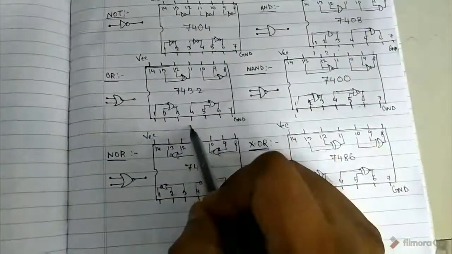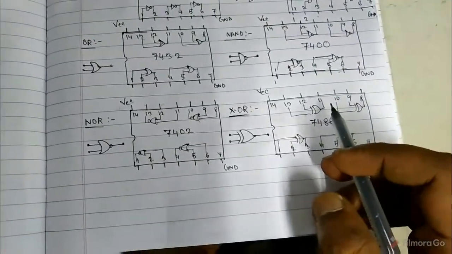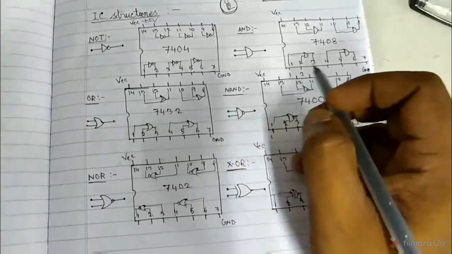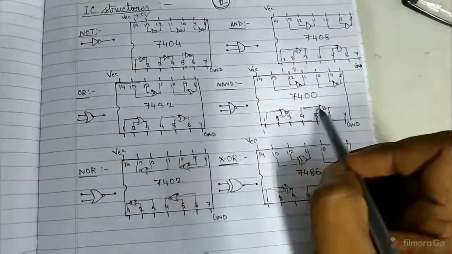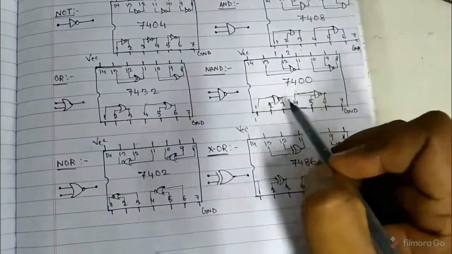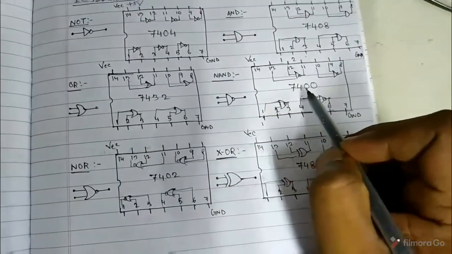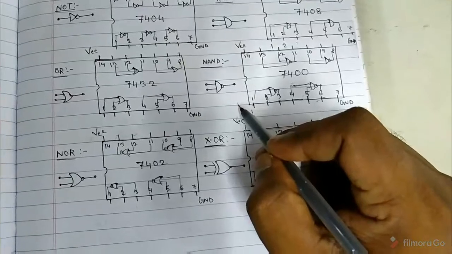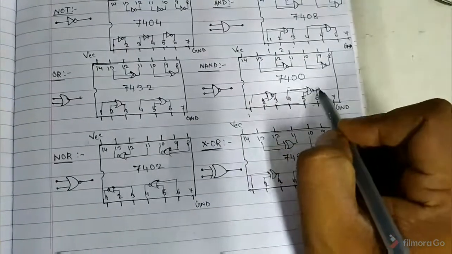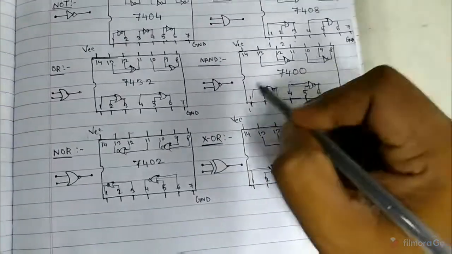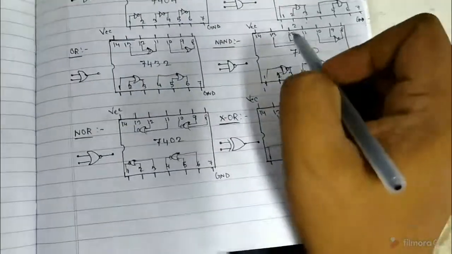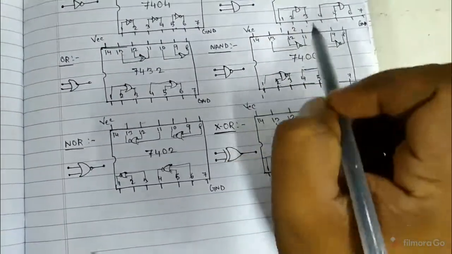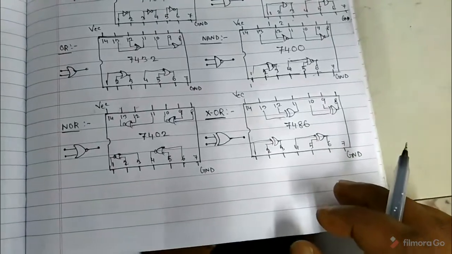As we know from the previous lesson, each IC contains 4 gates inside. See, this is the NAND gate 7400. It has 4 gates inside, so I can use only one gate to construct a NOT gate, 2 gates to construct an AND gate, 3 gates to construct an OR gate, and all 4 gates inside the IC to construct an XOR gate.